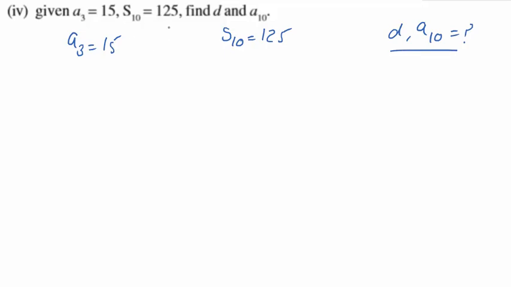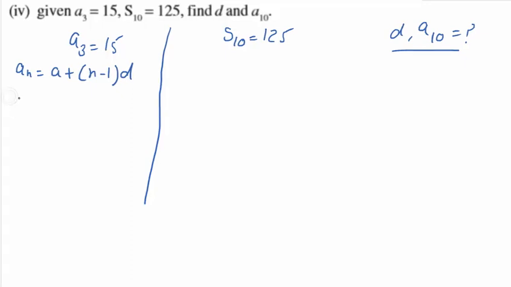Now use these two given data to find the values of a and D. Using the formula nth term equals a plus n minus 1 into D, A3, that is 15, and a we have to find, plus 3 minus 1, that is 2D. So this is the first equation, that is 15 equals a plus 2D.